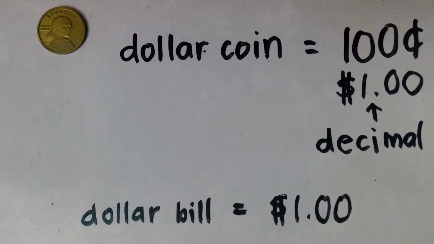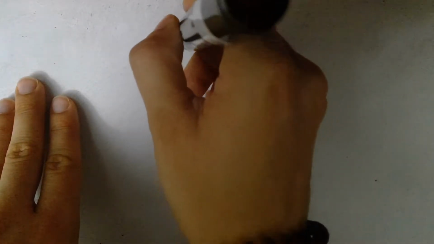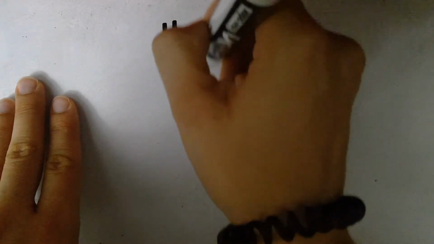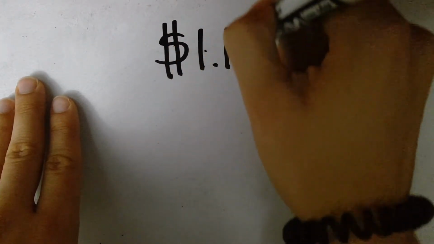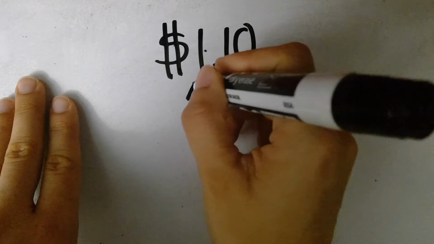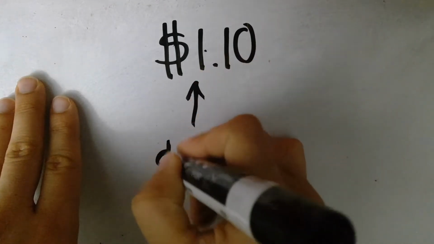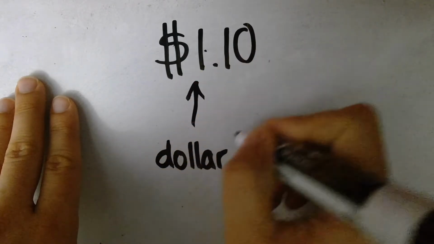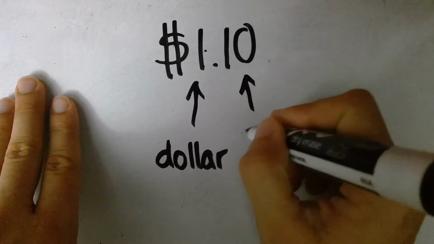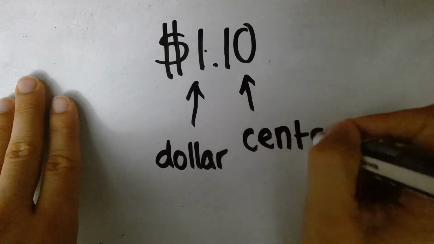So now I'm going to show you how to add up when you have bills and coins. Because just as I mentioned earlier, that decimal point really helps us separate different values. Okay? And what I mean by that is if I have, I'm not counting anything up yet, I'm just saying a random thing, $1.10, this is the dollar amount. This is the cents.